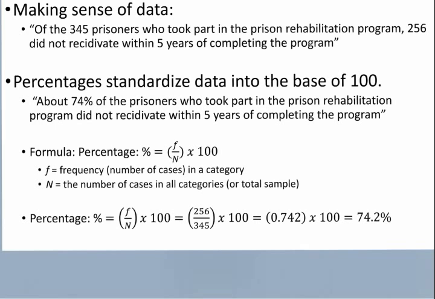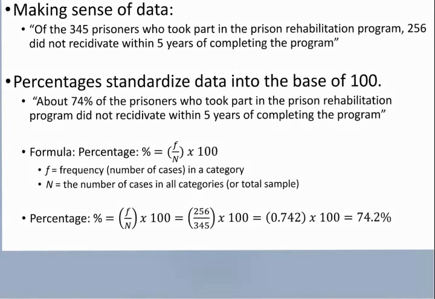And the formula is the percentage formula, right? This should be fairly common to most of us. The formula is the frequency divided by the n, which is the number of cases in all categories, or what we often call the sample size, times 100.